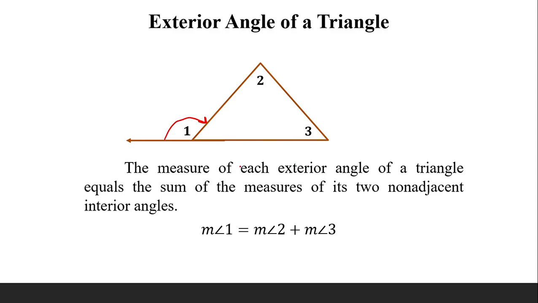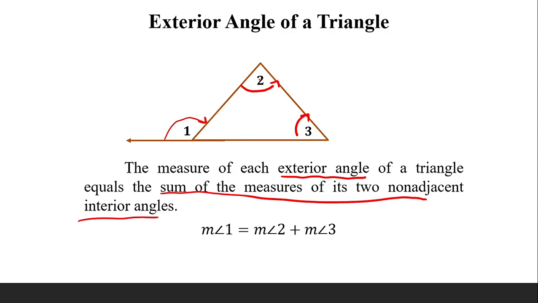In order to find the degree measure of the exterior angle, we just add the two non-adjacent interior angles of a triangle. So what are they? We have angle 2 and angle 3. What do we mean by non-adjacent angles?